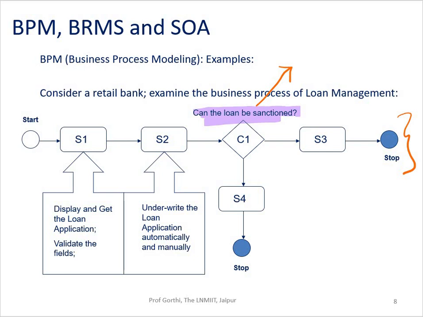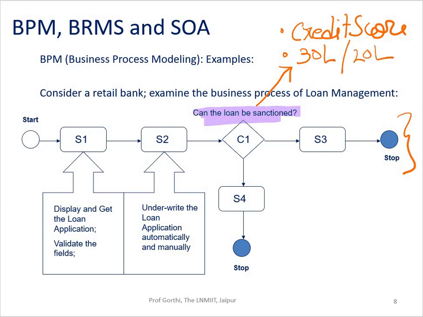It can be your credit score. It can be whether, based on your salary, a particular amount of loan can be given or not, right? Instead of, let's say, 30 lakhs, you're only eligible to get 20 lakhs of loan. Then all those things are checked, and then this particular condition comes into the picture.